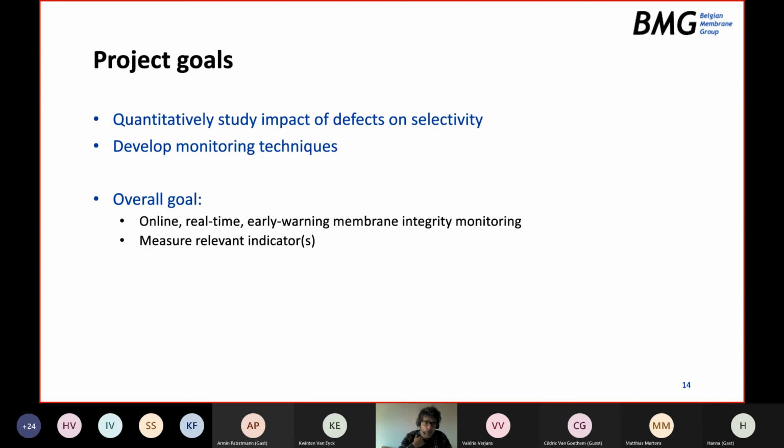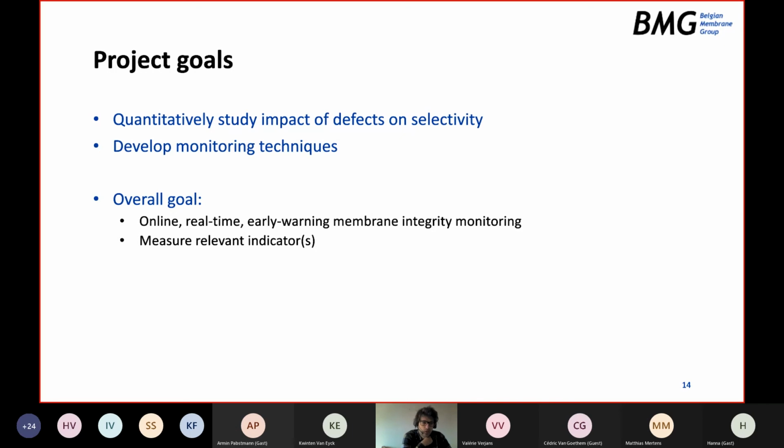So in this project, we have the aim of studying quantitatively how defects impact selectivity of membranes, and we are also interested in developing monitoring techniques. The overall goal is to end up with an online and real-time membrane integrity monitoring technique, which can serve basically as an early warning that there might be something wrong with a membrane.